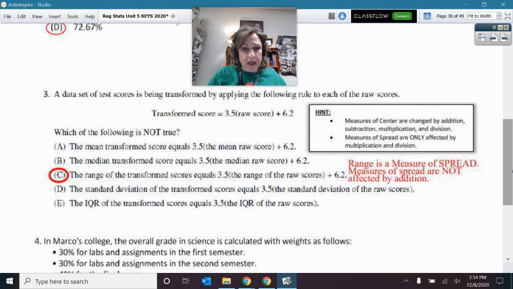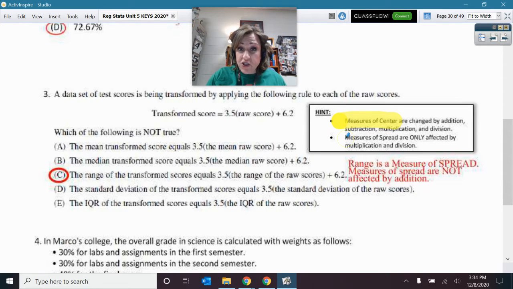All right, after that, then we have this one here, where here's the transformed score, 3.5 times the raw value plus 6.2. So the question is asking multiple issues. We need to remember that measures of center are changed by adding 6.2 and multiplying by 3.5.